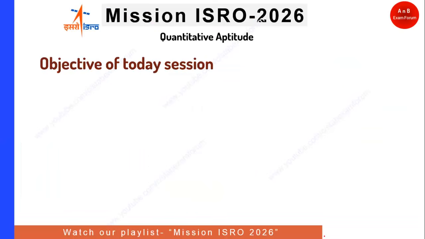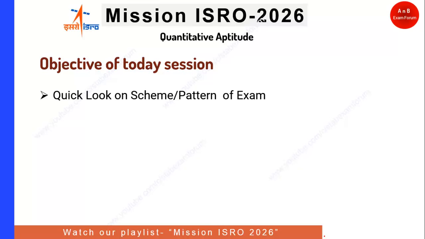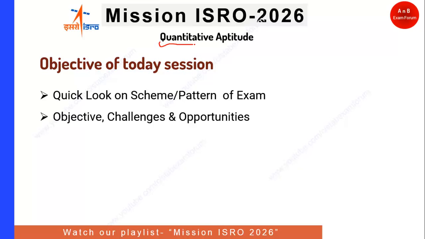So coming to the objective of today's session, students, first we are going to see the exam scheme or the pattern of the exam. Afterward, we are going to see the objective, challenges and opportunity for this quantitative aptitude section in this exam, right?